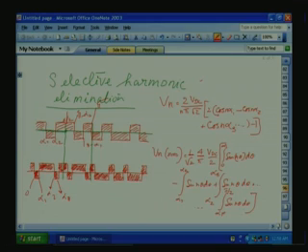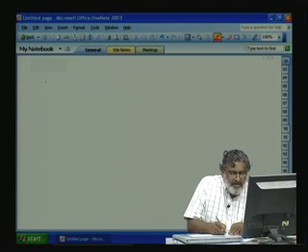From this, let us write down the equations for the fundamental, 5th, 7th, 11th and 13th harmonics. How does the equation happen? Let us go to the next page now. Let us start with the fundamental.